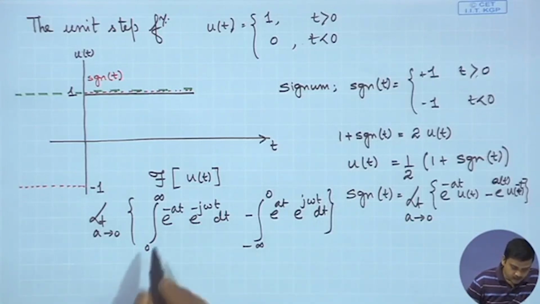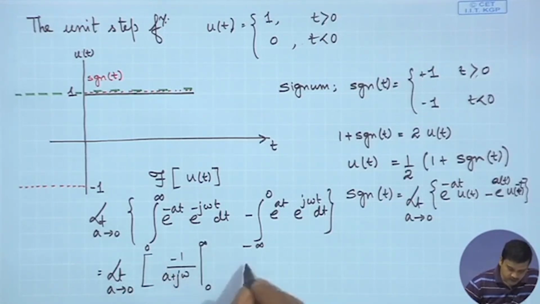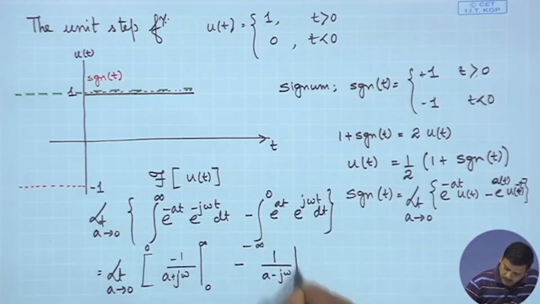If you work this out, limit a tends to 0 remains as it is, minus 1 upon a plus j omega evaluated from 0 to infinity, minus 1 upon a minus j omega evaluated from minus infinity to 0.